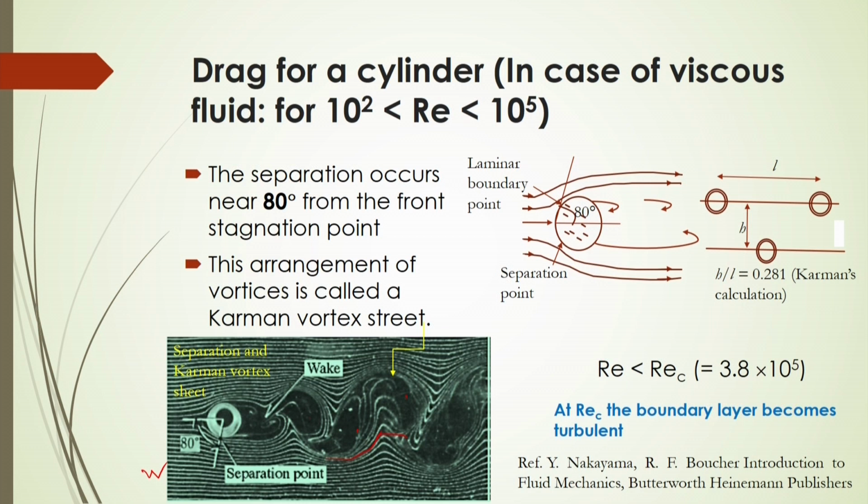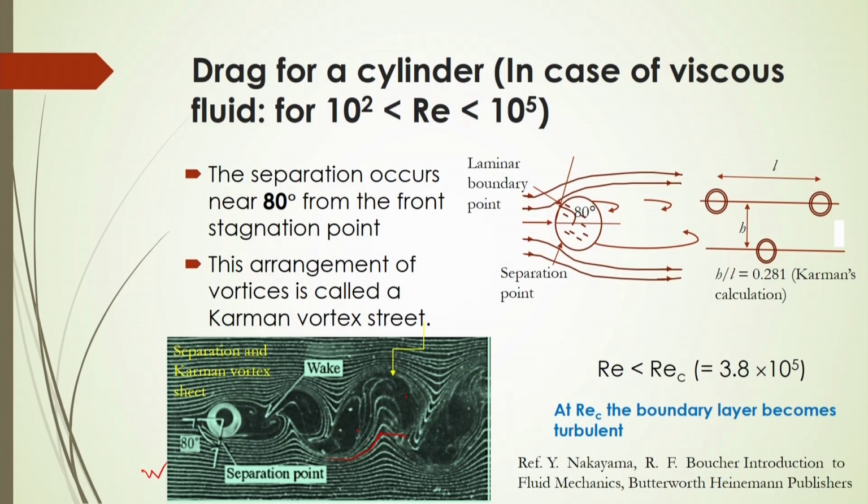And you will see that at the critical Reynolds number, where the boundary layer becomes turbulent or gets separated and forms the wake street as shown in the figure, you can say that the boundary layer no longer exists in that case, and the flow gets intense mixing beyond that.